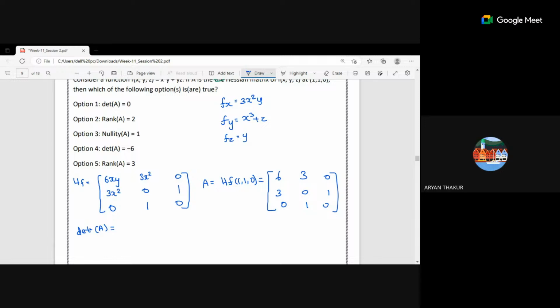Minus 6. No one calculated it. Okay, so let me calculate. 6 times minus 1, yeah, it's minus 6, I guess. Minus 1 plus 3, minus 6. 0, 0. Yeah, it's minus 6. And if determinant is non-zero, do you need to calculate the rank? It implies rank of A is 3. You don't have to calculate the rank. Since determinant is non-zero and A is a 3 by 3 matrix, you know that rank of A is 3. So the other options are incorrect. Okay, fine.